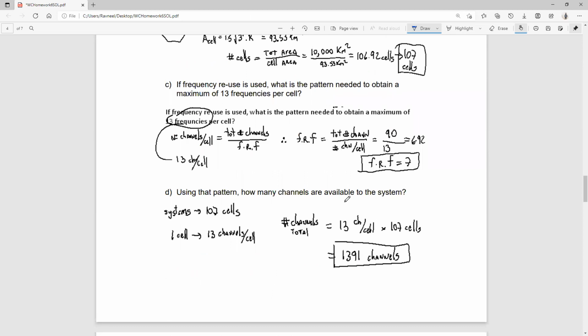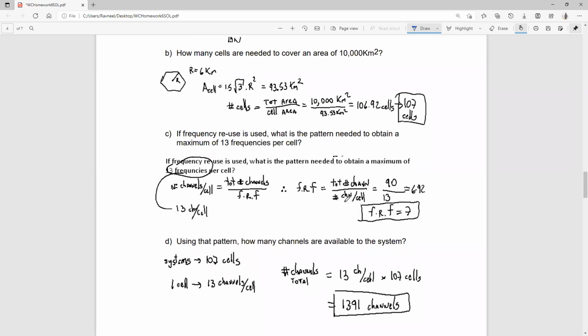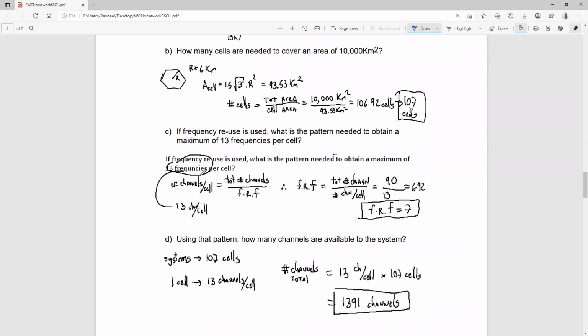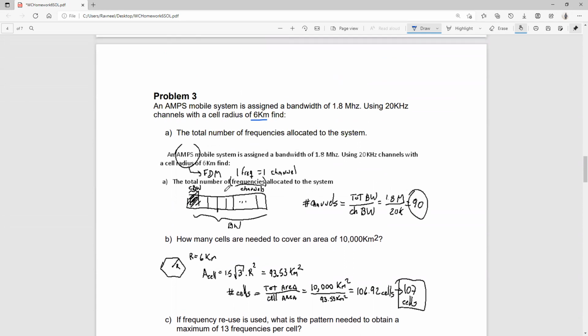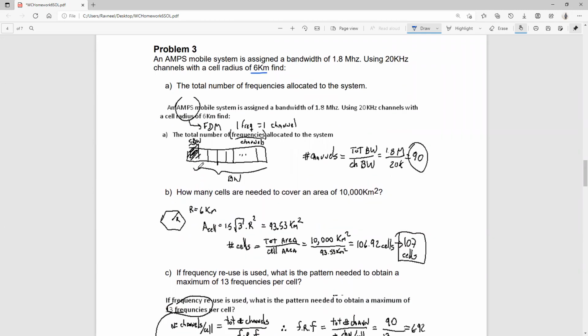Next is, if frequency reuse is used, what is the pattern needed to obtain a maximum of 13 frequencies per cell? Remember, a cell has a bandwidth that needs to be covered within a set amount of area.